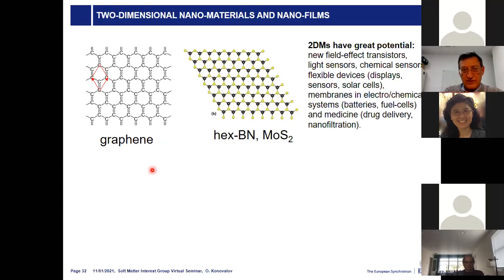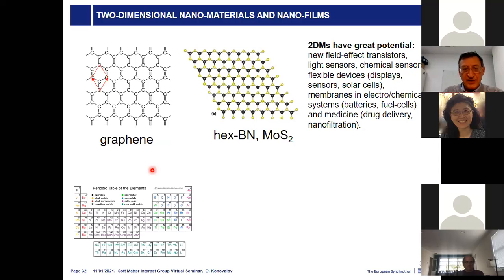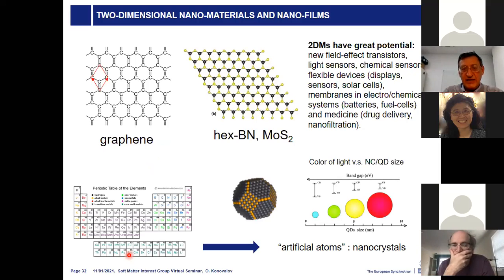2D construction of atoms is limited by the periodic table of elements, and so there are some limits. But if we want to get a new type of materials, the idea is to use artificial atoms of nanocrystals, where each atom, in this case this nanocrystal, could be a single crystal with different facets, which is also part of the modification, because the type of the facets can influence the interaction between these nanocrystals.